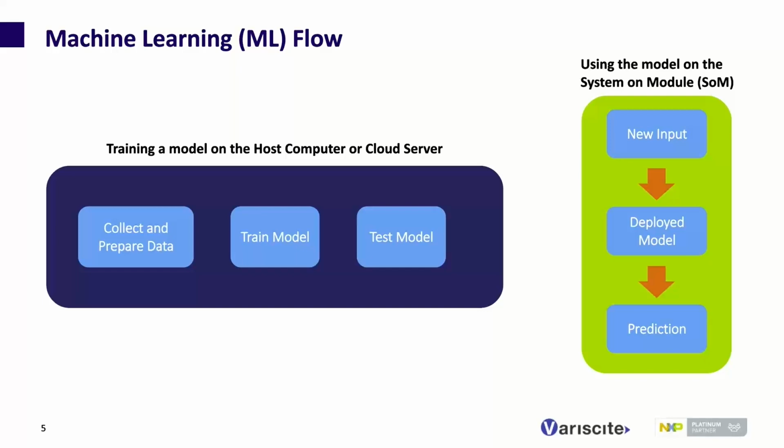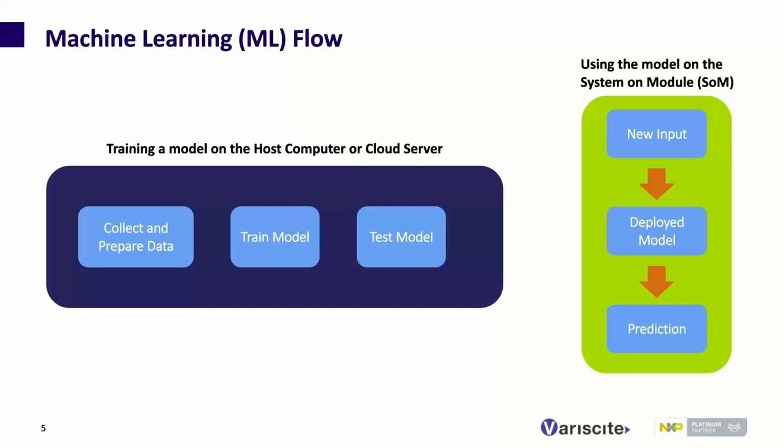It can be from some framework like TensorFlow, Keras, PyTorch, whatever we want, as long as we know what we want, in fact. So we collect data, we train the model, and we test the model. So the step we do on our computer or on a cloud server is to create a machine learning model to detect what we want.